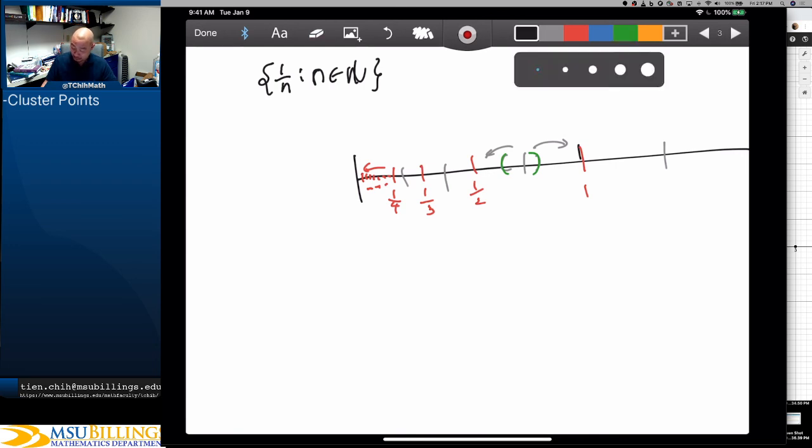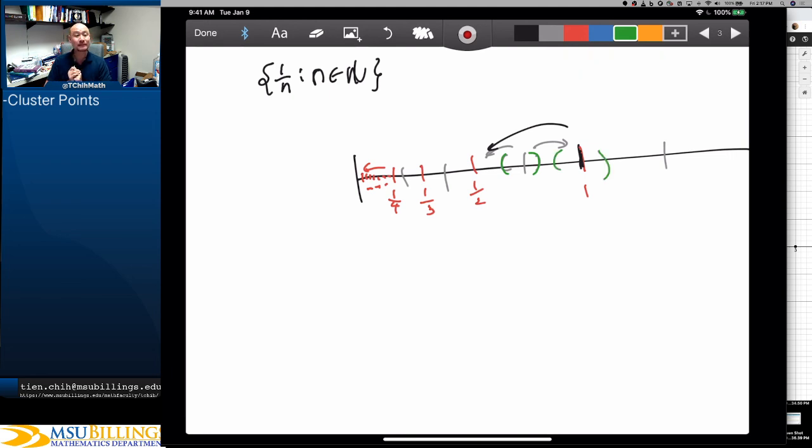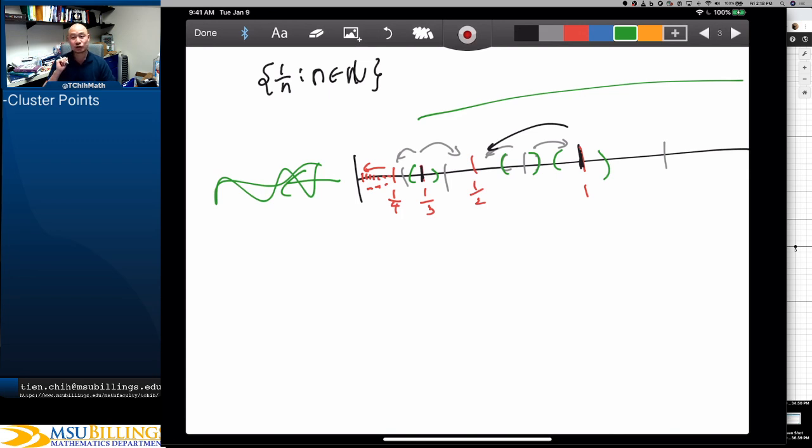Even if I pick one of the elements of the set, let's say I pick 1, look at the closest one, pick an epsilon less than that, nothing in there. If I try to pick 1/3 to be a cluster point, take a look at these distances, pick something smaller, nothing in there. So nothing here is a cluster point. Clearly, nothing out here is a cluster point. So the only candidate of being a cluster point is 0 itself.